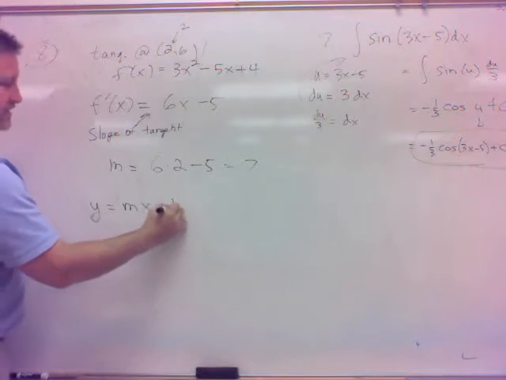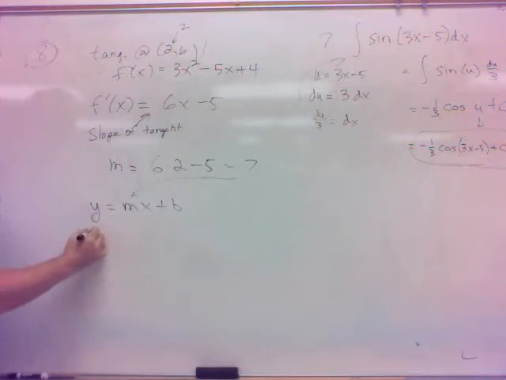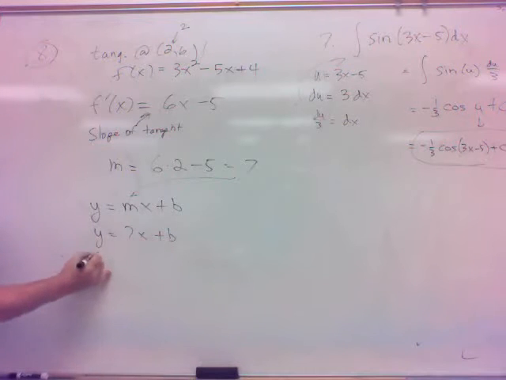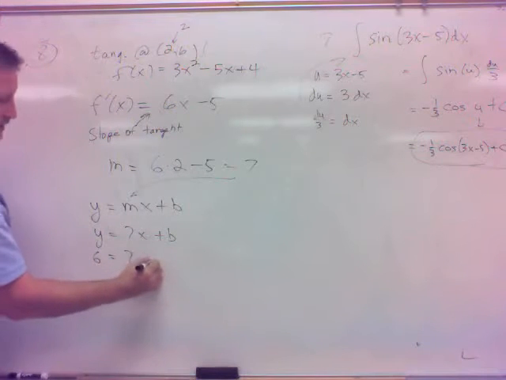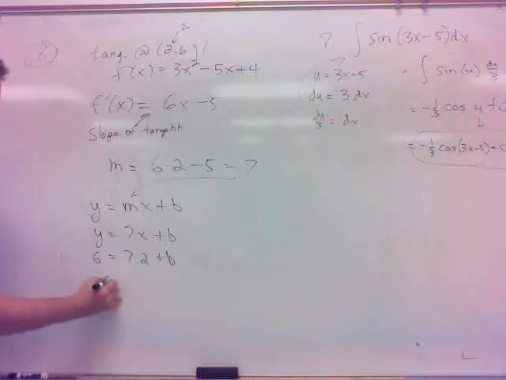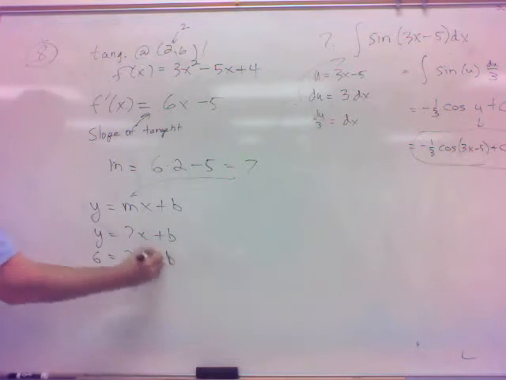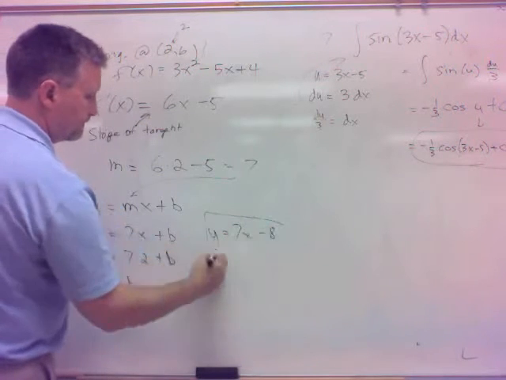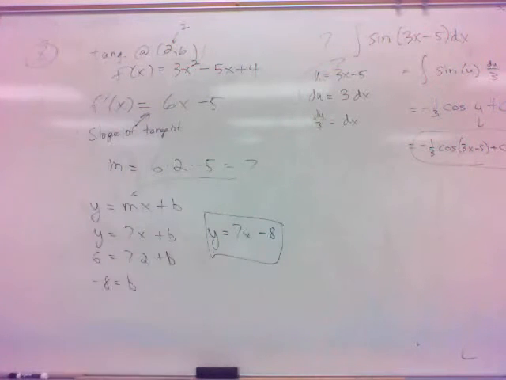So if I want y equals mx plus b, I can plug that in for m. One way to do it, then plug in x and y to be 2 and 6. And so that would be what? Negative 8 is b. So it's y equals 7x minus 8. Slope and tangent line there. Sound right?